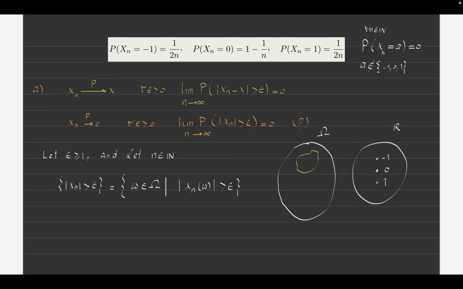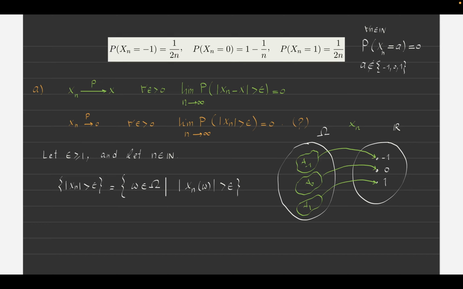So let us say that all of the elements in this set are assigned to -1 by the random variable x sub n, and I give it a name, A sub -1, for example. And there are other elements from omega that are assigned to 0. I give it the name A sub 0, and then something similar, which I will call A1, is assigned to 1.